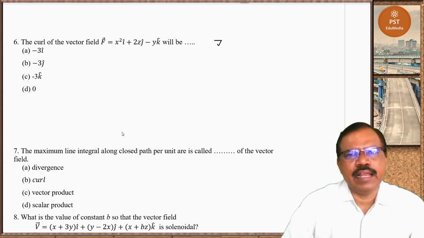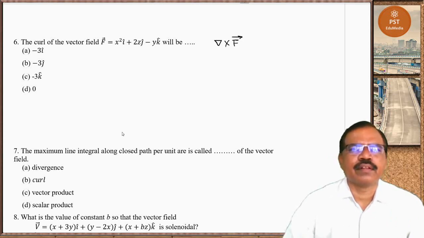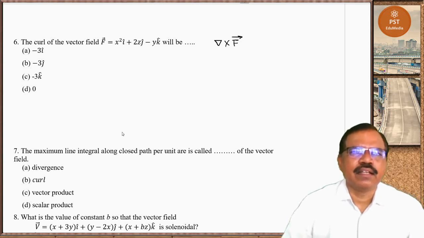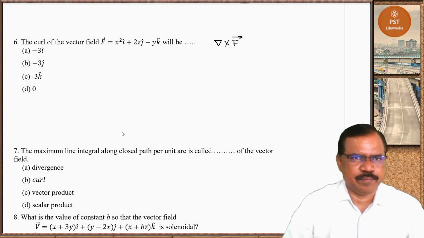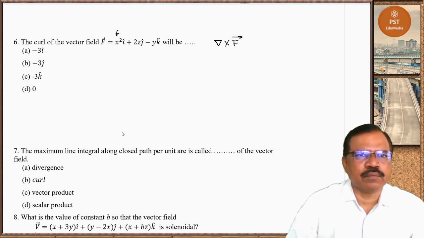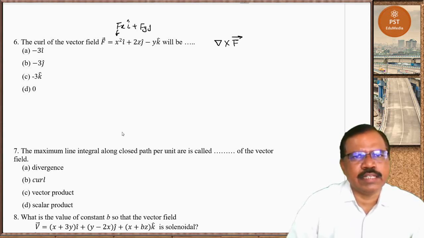Curl, we take del cross f, where f is fx i plus fy j plus fz k. So this first term is fx i, second term is fy j, and third term is fz k.